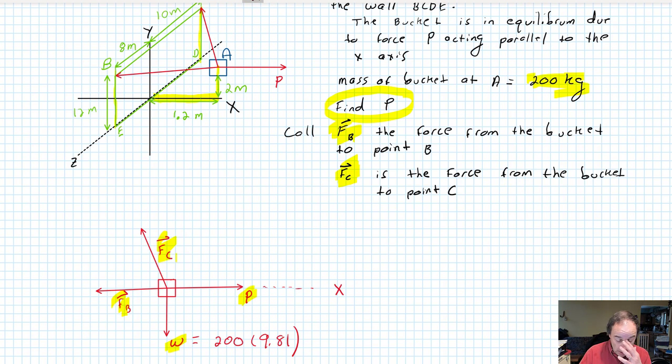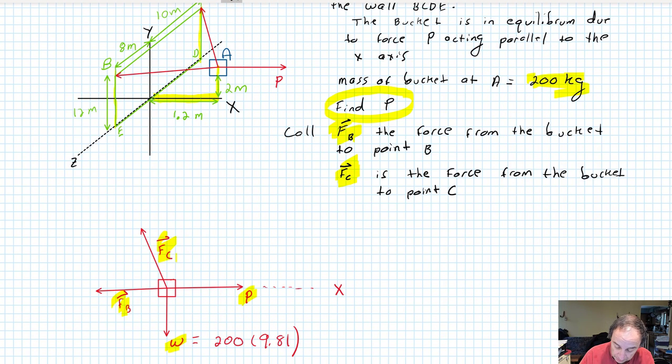All right, so we're going to use our usual steps here, sum the forces in each direction. But to do this, we have to break FB and FC into components. P and W are easy because they're along major axes.